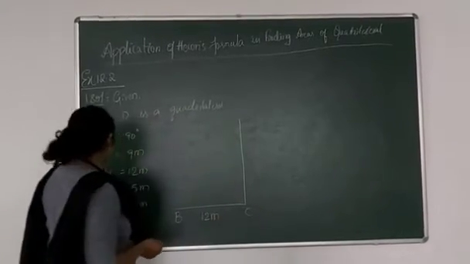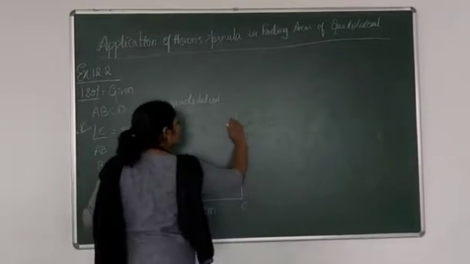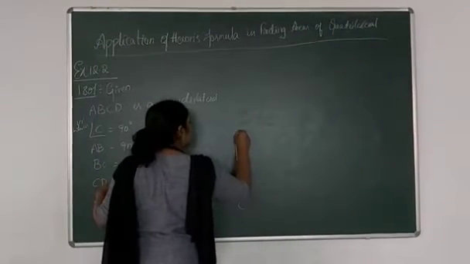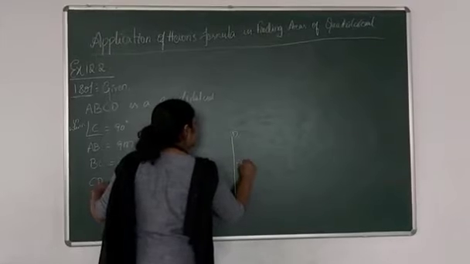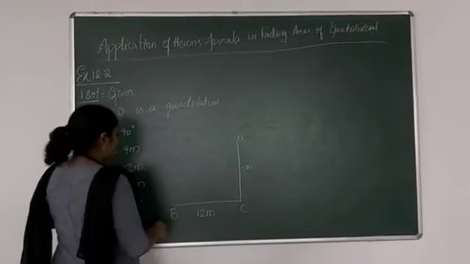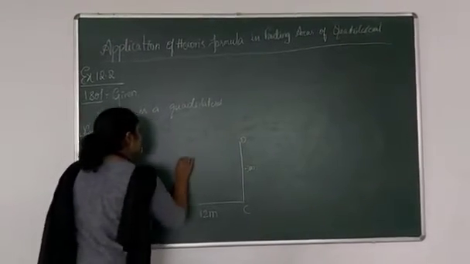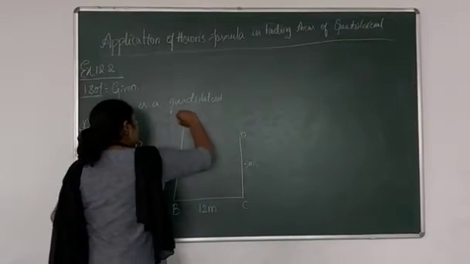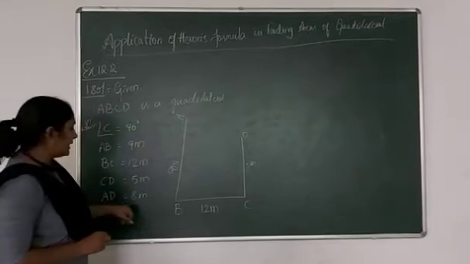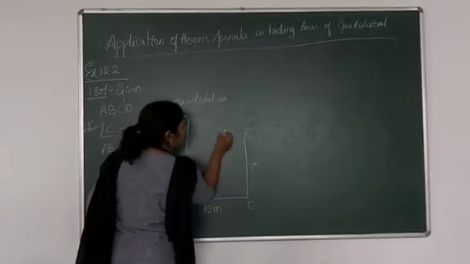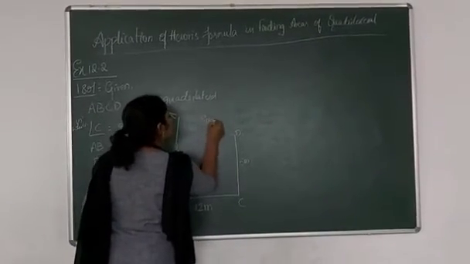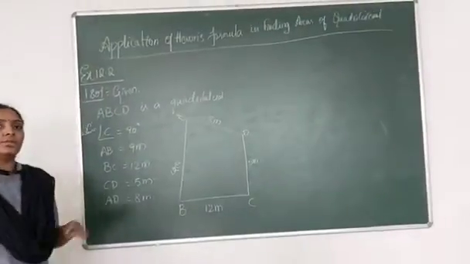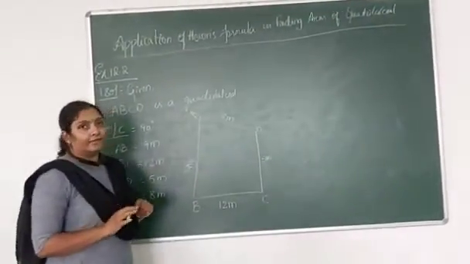So it is obviously a straight line, and let us take this point as D, and CD is 5 meters. I'm taking this as AB, 9 meters, and AD is 8 meters. Right? So randomly this can be the figure.